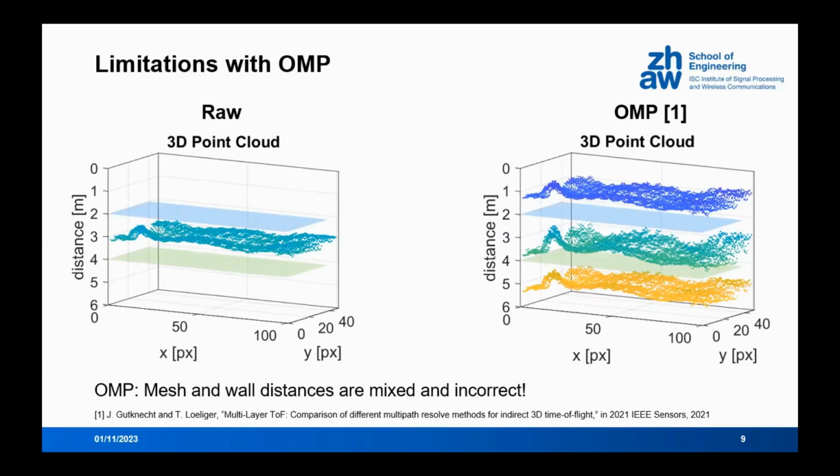On the right side, you see the previously published OMP algorithm that is also not able to separate these two distances because they're too close together. Instead of some stray light at 0 meters, the correct distance at 2 meters, and at 4 meters, we measure a mixed distance of 3 meters between the two layers. This is because the orthogonal matching pursuit tries to solve for one vector or one distance at a time and iteratively then tries to solve the next vector.